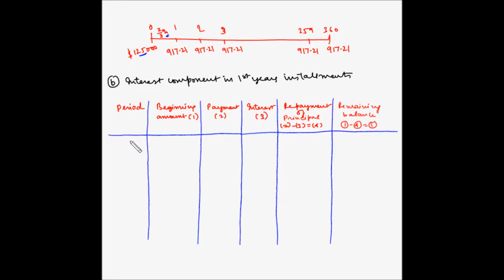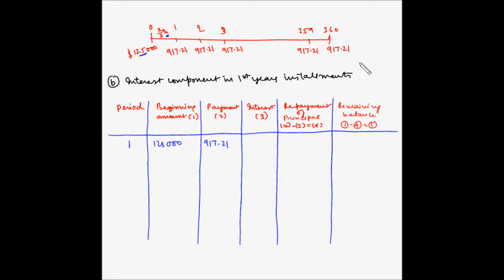So let's start with the first month. So first month, the beginning amount, of course, is the total amount of loan, which is $125,000. Payment is this much, so 917.21. Interest. So the way to calculate the interest is we'll have to take 2 by 3% of the beginning amount for that period.